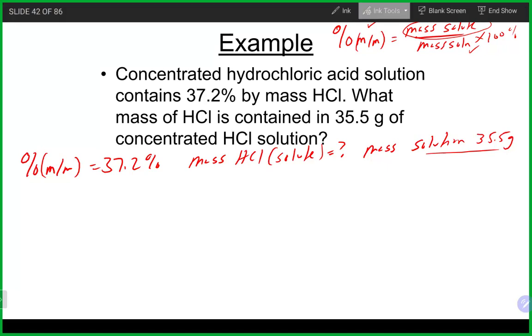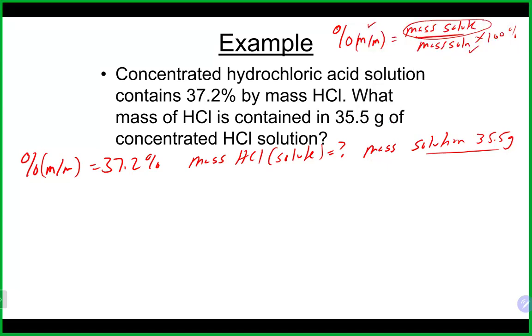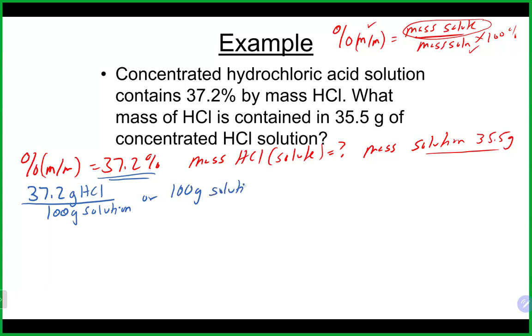And remember that, as we talked about, when we do have something that is 37.2%, what that means is we could turn this into a conversion factor of 37.2 grams of HCl in 100 grams of solution. And we could also flip it around with 100 grams of solution would be 37.2 grams of HCl. So if you want, you could turn that percentage into a conversion factor.